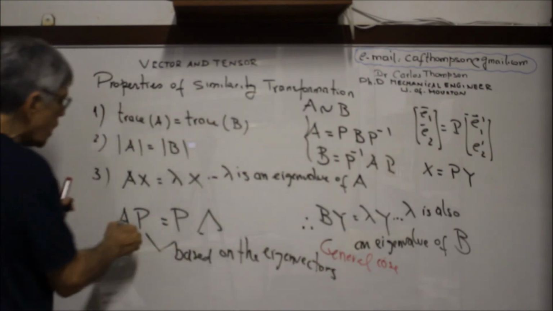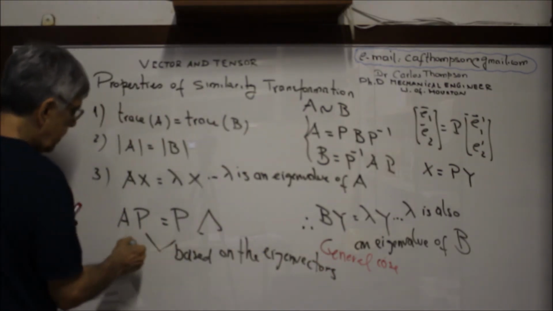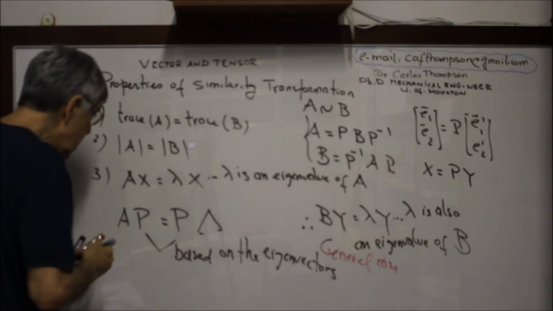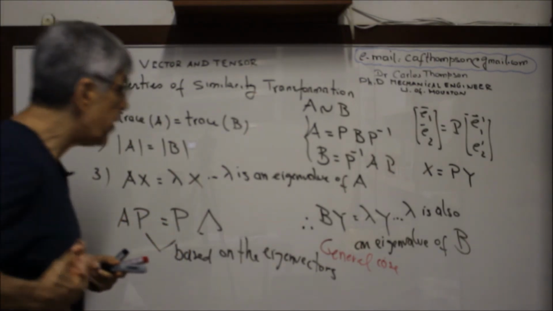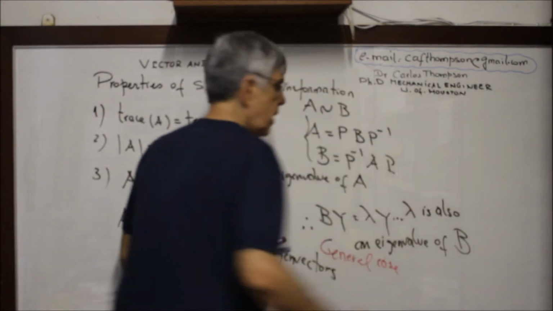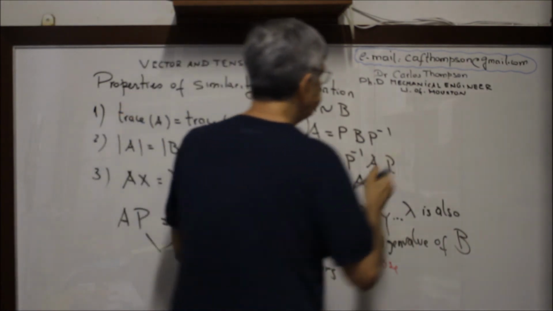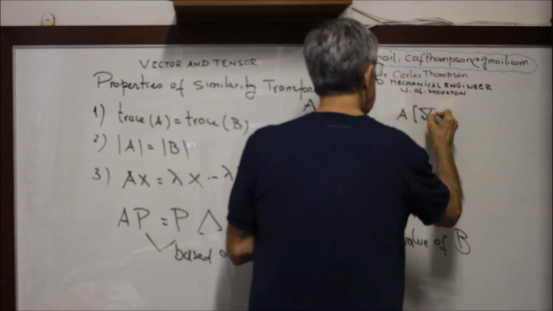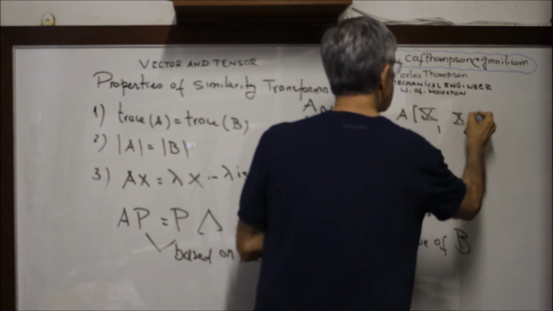You see, this is not any P, okay? Do you remember the columns of P are the eigenvectors? So, you see, look, do you remember? Look, this is A, let's see the x1, x2.